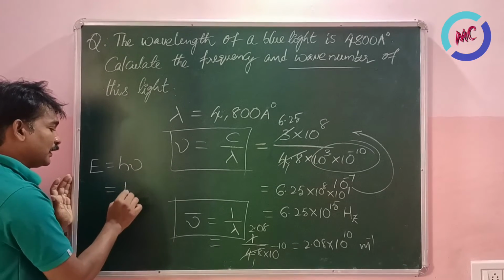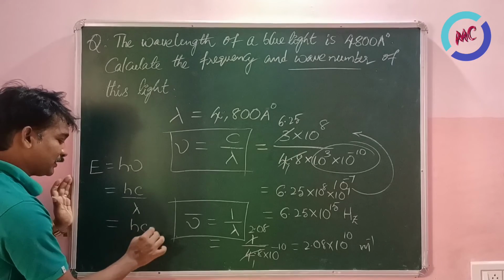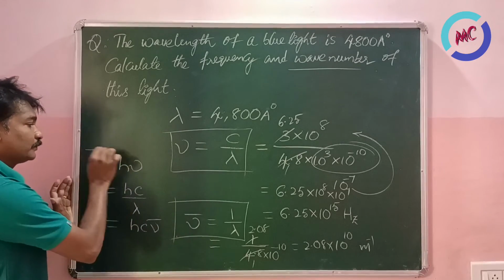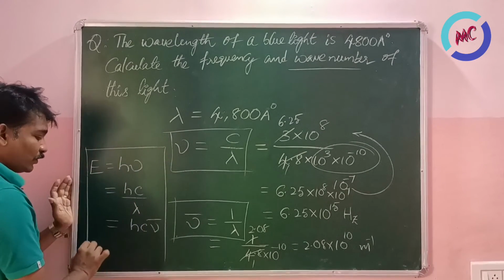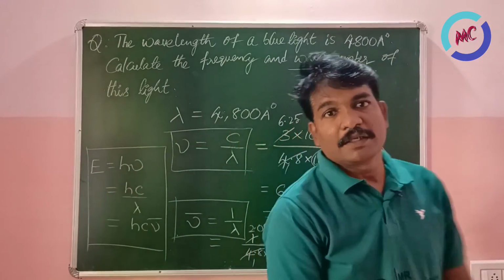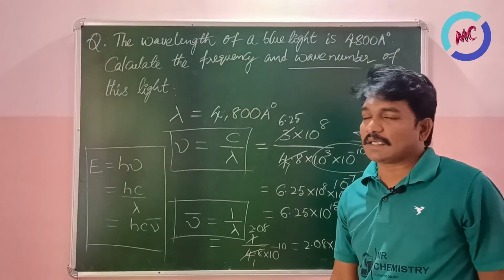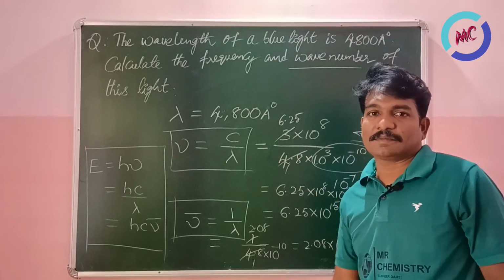You can write it as hc by lambda. You can write it as hc nu bar. This is one of the most important relations. You have to learn this relation also. These are all important relations among different physical quantities related to electromagnetic radiation.